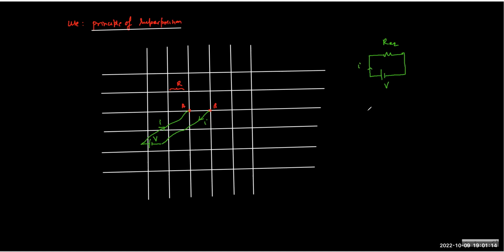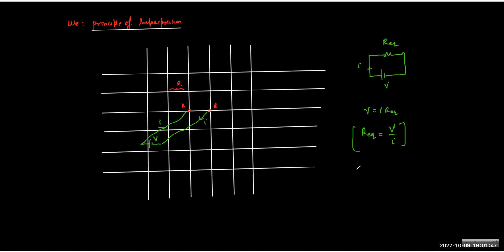The equivalent resistance will let you withdraw a similar current from the cell as before. So in the actual circuit, if I was the current, the same should be the answer in the equivalent circuit. So V equals I times R equivalent. To find R equivalent, we use the V by I ratio. If somehow we can find this ratio, we are done.